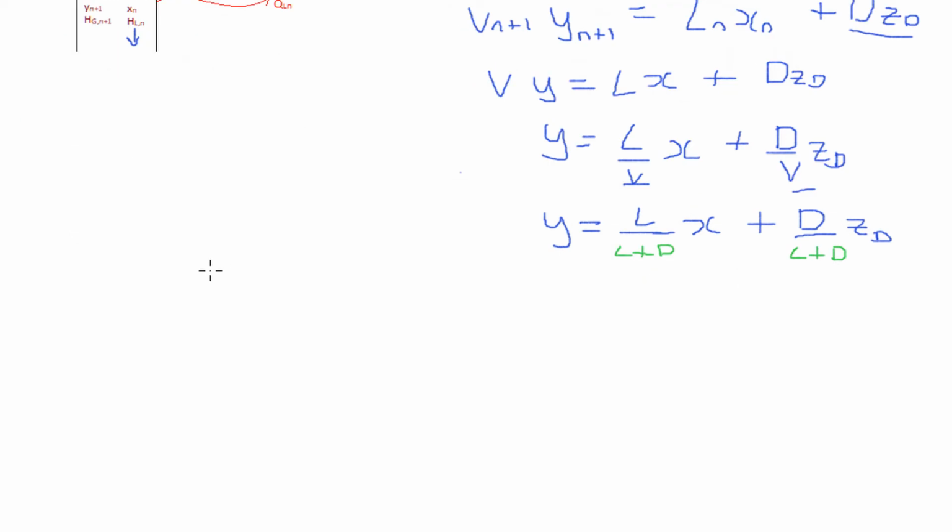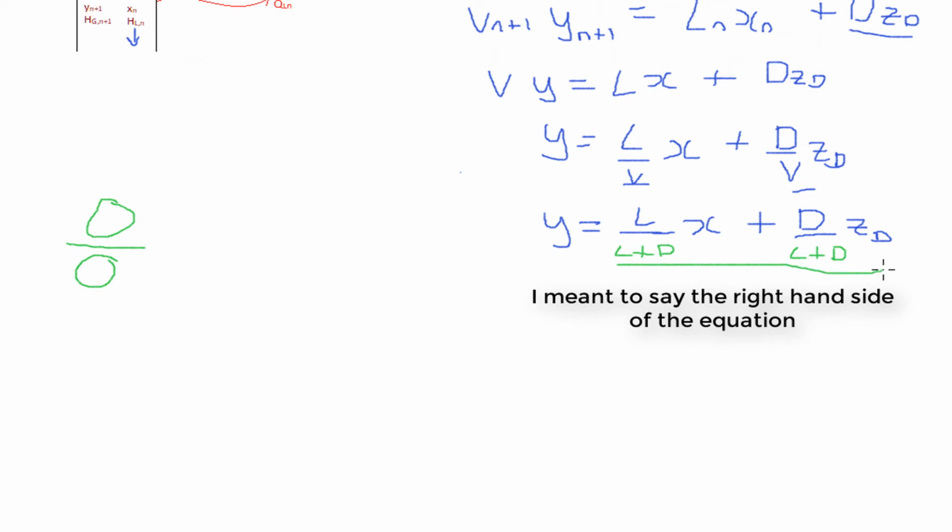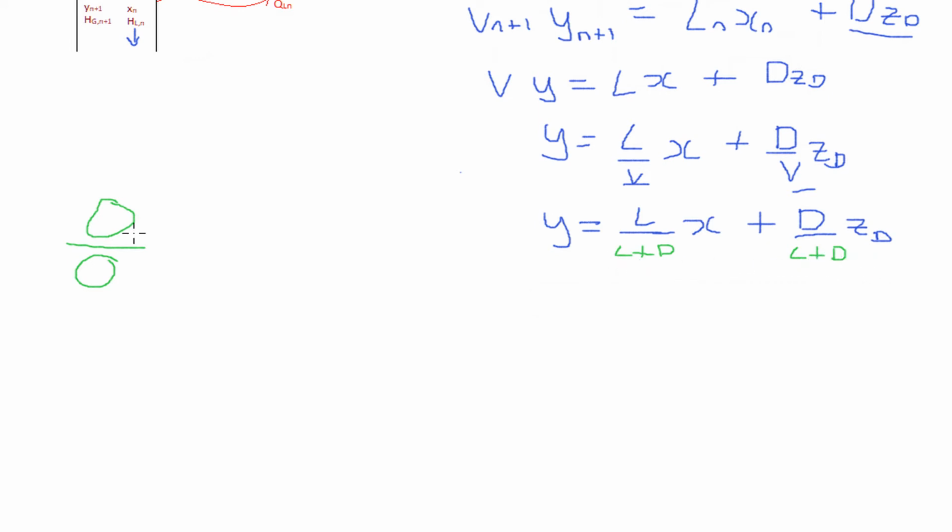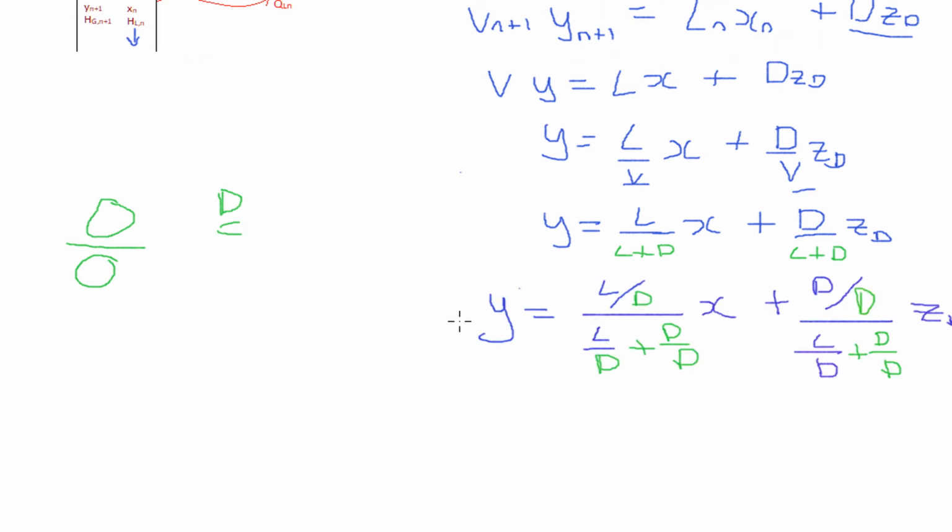What we like to do in this step is to divide the numerator and the denominator on the right-hand side of the equation, for the individual terms, by D, the distillate.